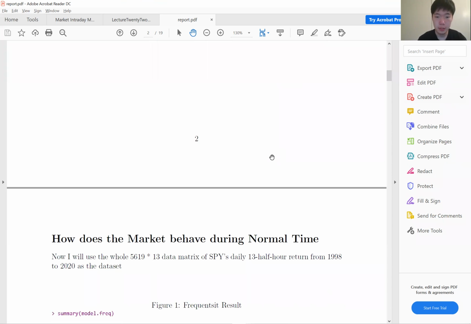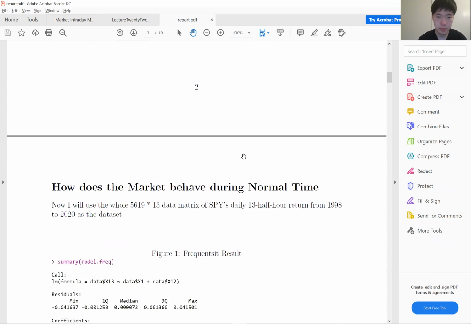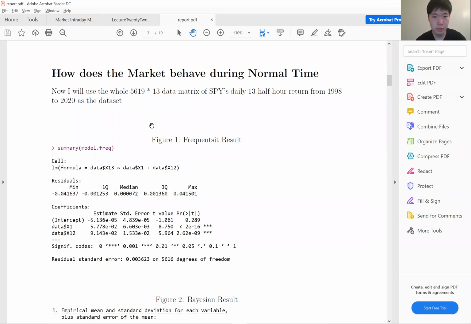And my tau squared will be inverse gamma with some non-informative hyperparameters. To see the effect of COVID on the predictive power, I first need to check what the model looks like in the normal period. So I do regression on the whole data set from 1998 to 2020, with about a 5,000 times 13 data matrix. I first do a frequentist approach.